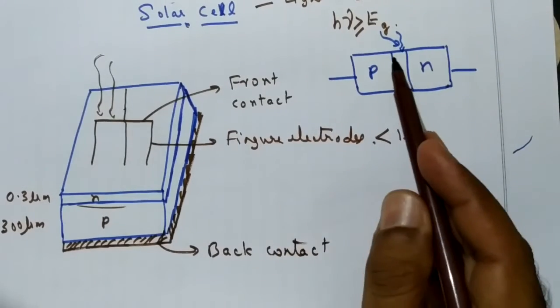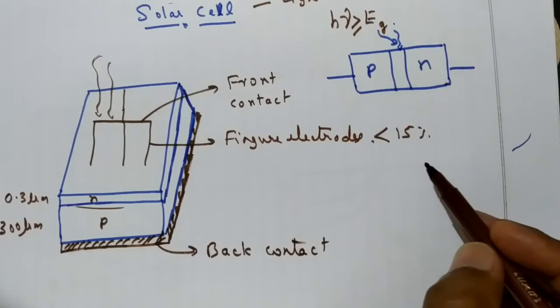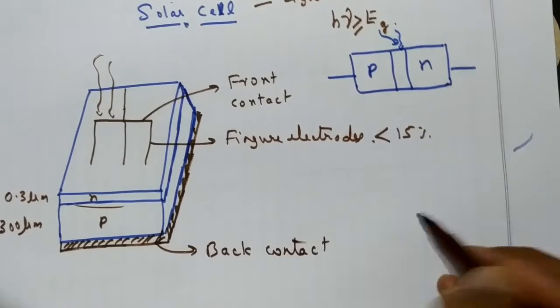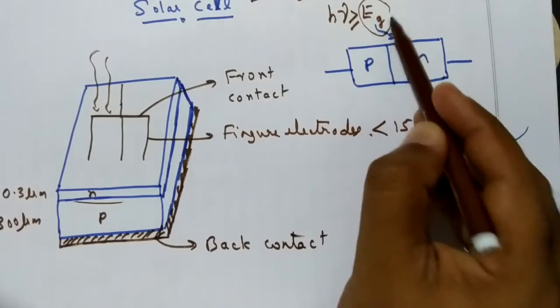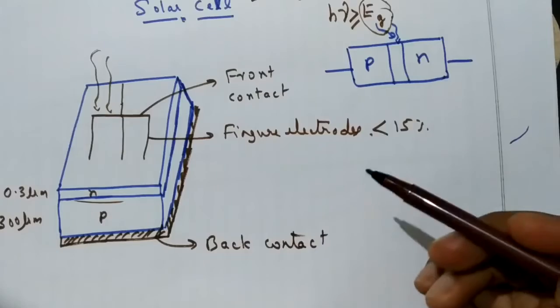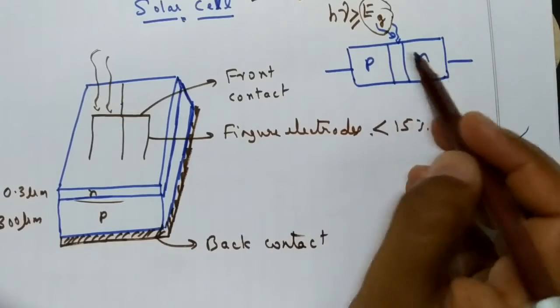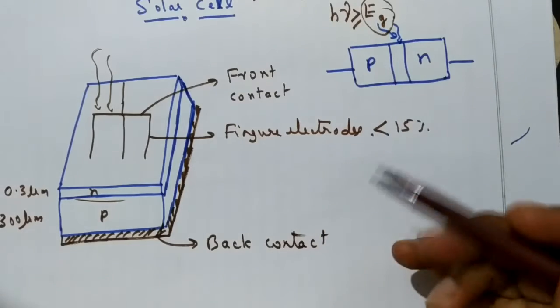If it is less than the forbidden energy gap, electron hole pairs will not be generated, because an electron goes from the valence band to the conduction band only by acquiring an energy Eg. So if the energy is less than Eg, the electron will not go to the conduction band and electron hole pairs are not generated. So the energy should be more than the forbidden energy gap.